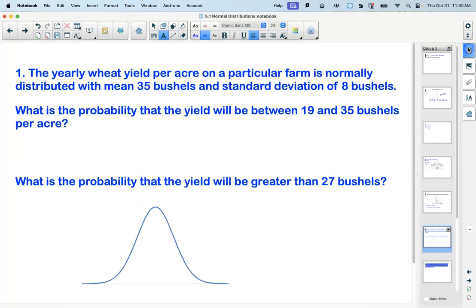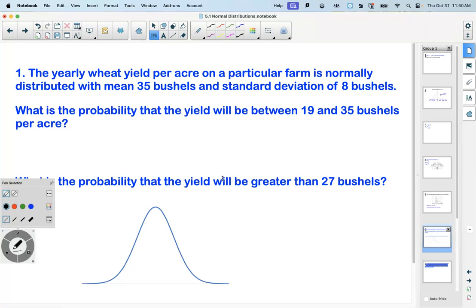So what we need to set up here is the distribution with a mean of 35. The first thing that I'm going to do is put the mean at the center of my distribution. So 35 goes there. That's the center.